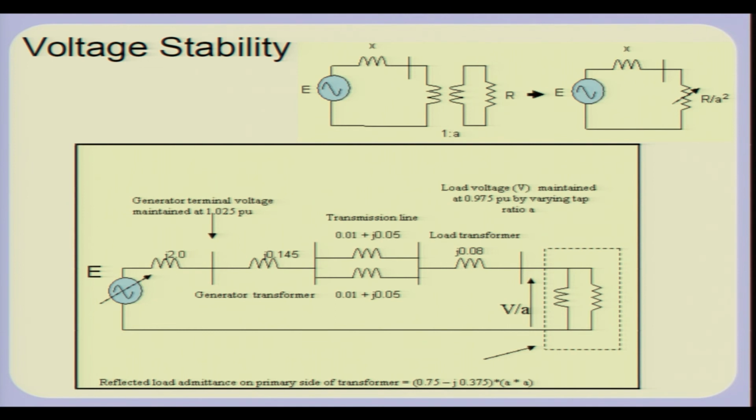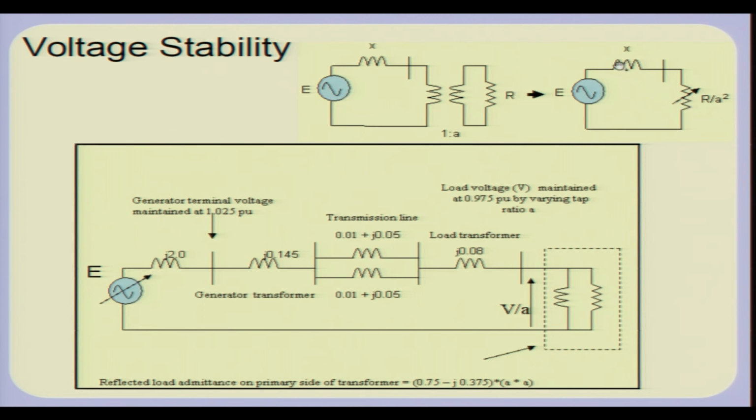Of course, tap changing control is slow, but basically if the voltage at the load falls, it will increase A.